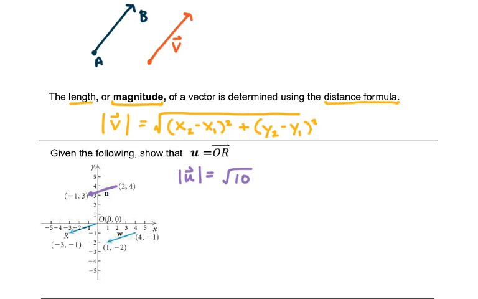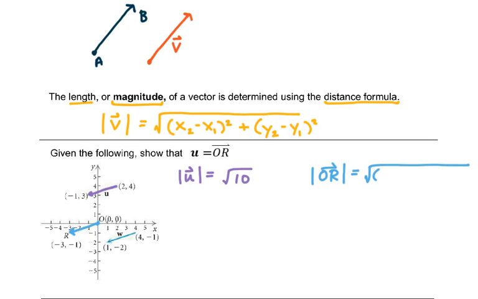What is the magnitude of OR? So the magnitude of the vector OR, we'd calculate that the same way by subtracting our x's and y's, squaring, and then summing.